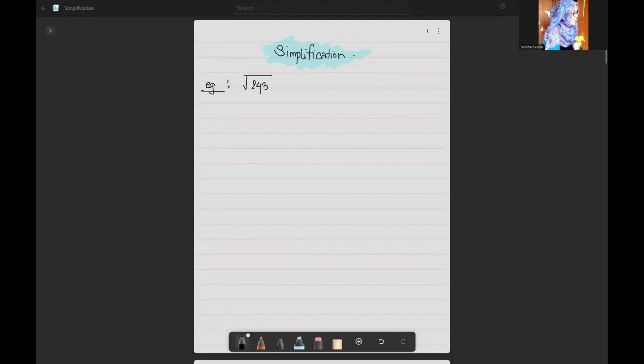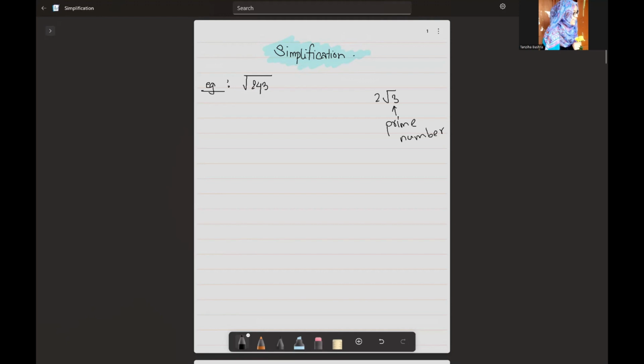Write surds in the simplest form means that when you have surds of this form, let's say you have 2 root 3, then the surd we have here has a prime number inside the root. So when you have a prime number inside the root, that surd is the simplified surd for us.